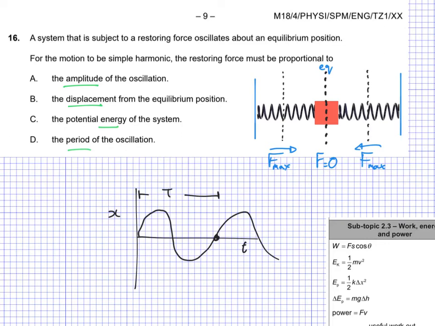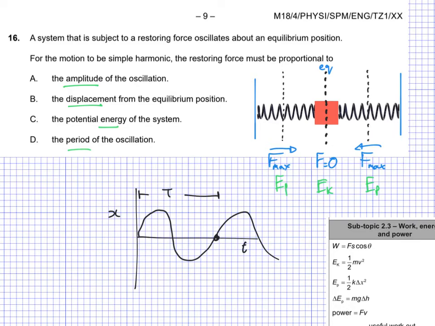So we can represent this as saying in the middle we have EK, and at the edges we're going to have a 0 velocity, which means there's no EK, but all spring energy. Spring energy here. And in between the maximum displacement and the equilibrium, somewhere in here, there's going to be a combination of spring potential energy and kinetic energy.